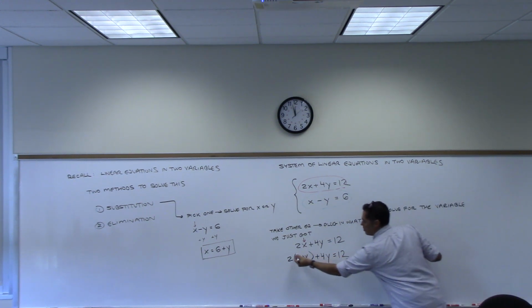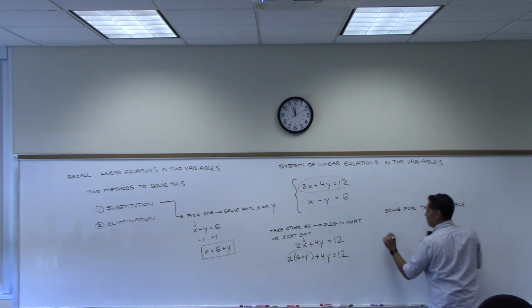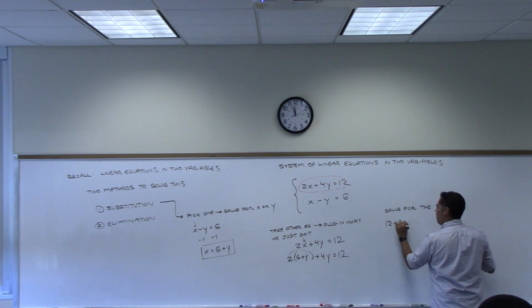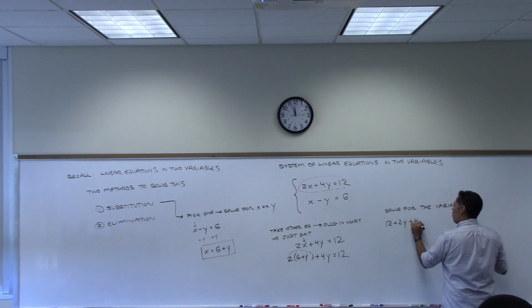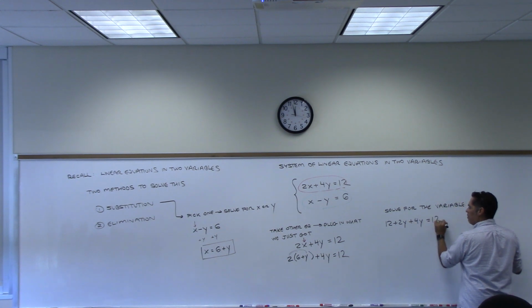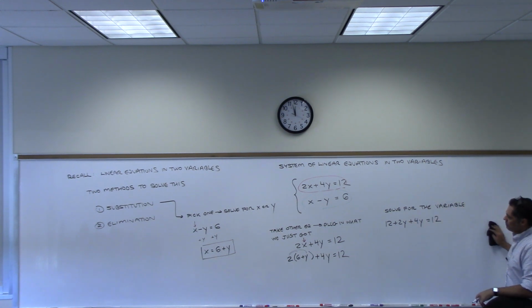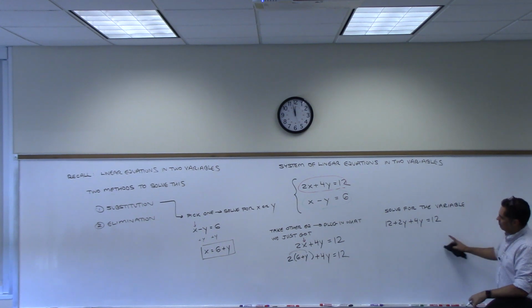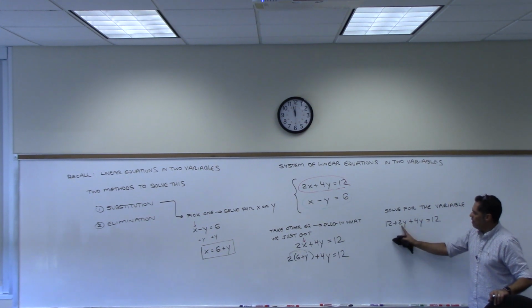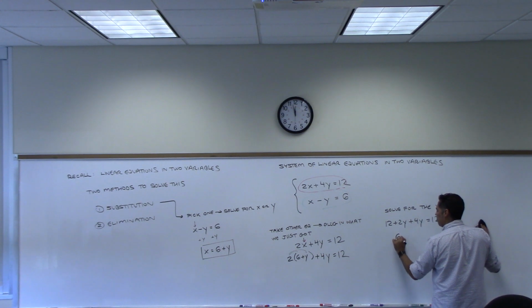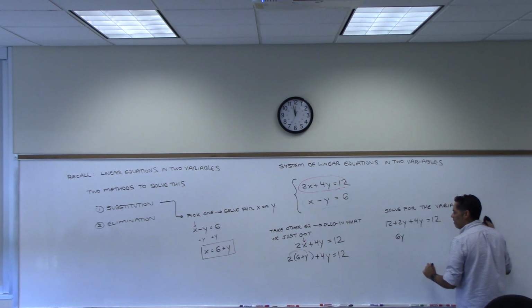So let me distribute the 2 through. 12 plus 2y plus 4y equals 12. What can I do on the left side? You can add 4y plus 2y, and that becomes 6y. And then what else can I do?